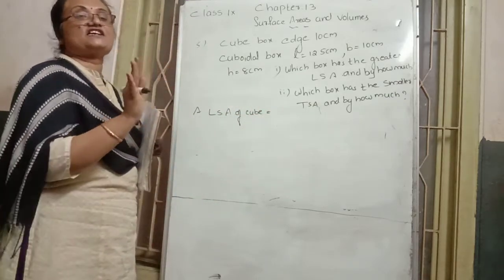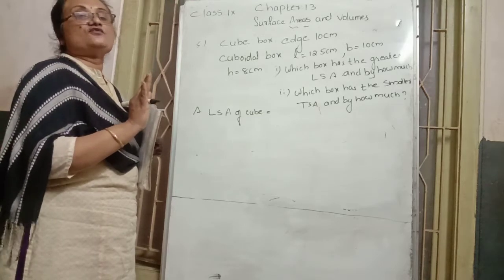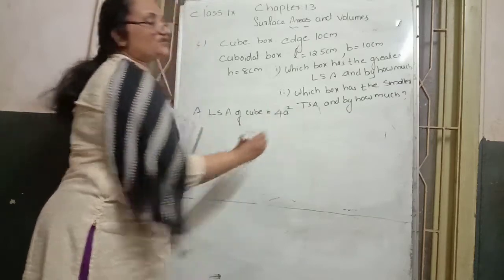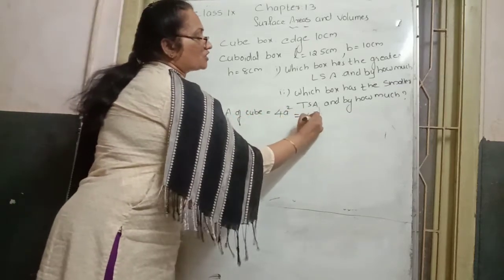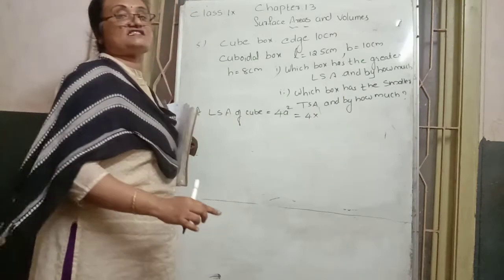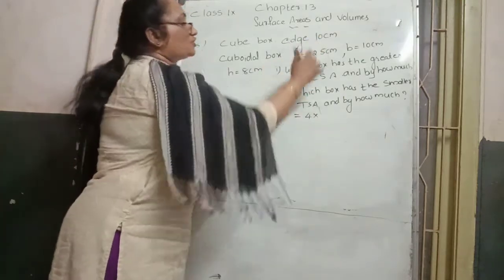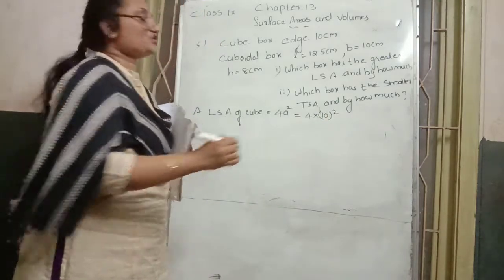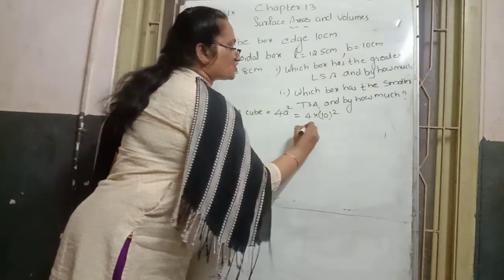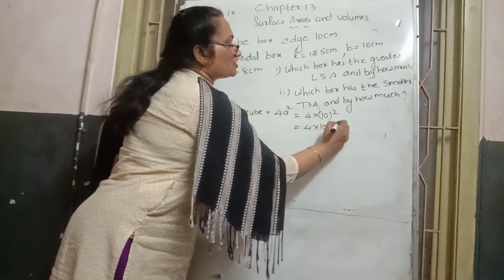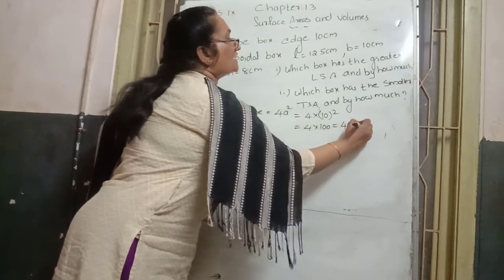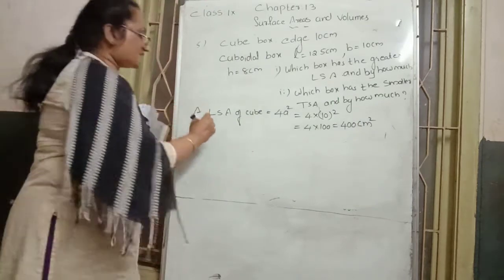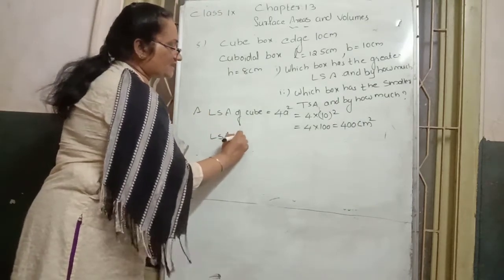For LSA we consider 4 walls only, that's why 4 faces means 4a squared is the formula for the LSA of a cube. Substituting the value: 4 into a squared, where a represents the side of the cube. The side of the cube is 10, so 10 squared becomes 100. 4 into 100 becomes 400 centimeter square, which is the LSA of the cube. In the same way, we find the LSA of a cuboid.